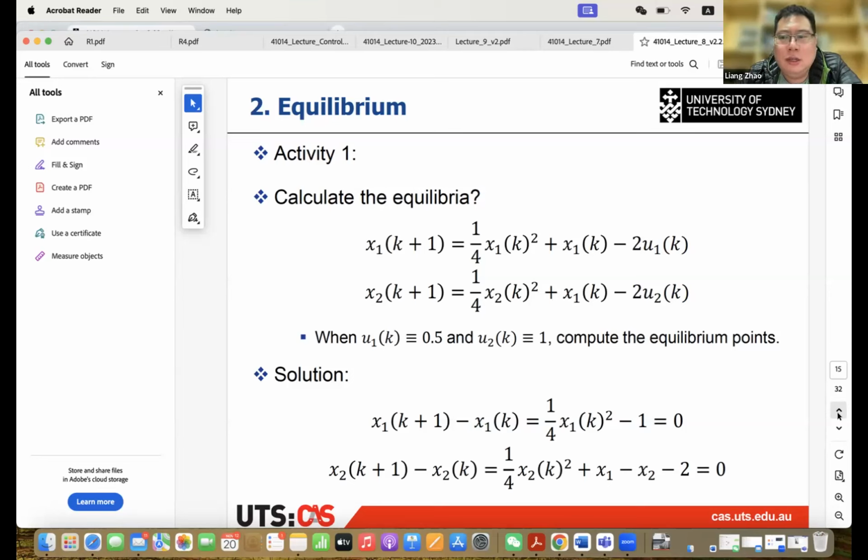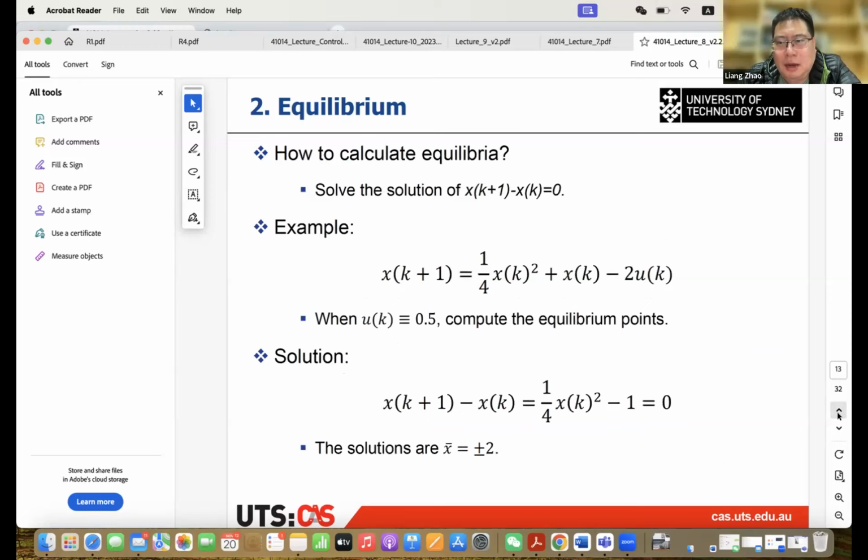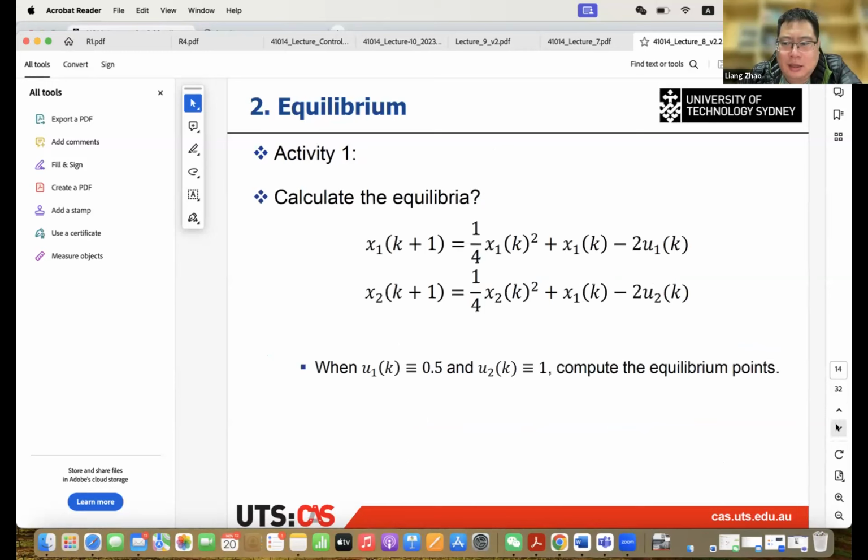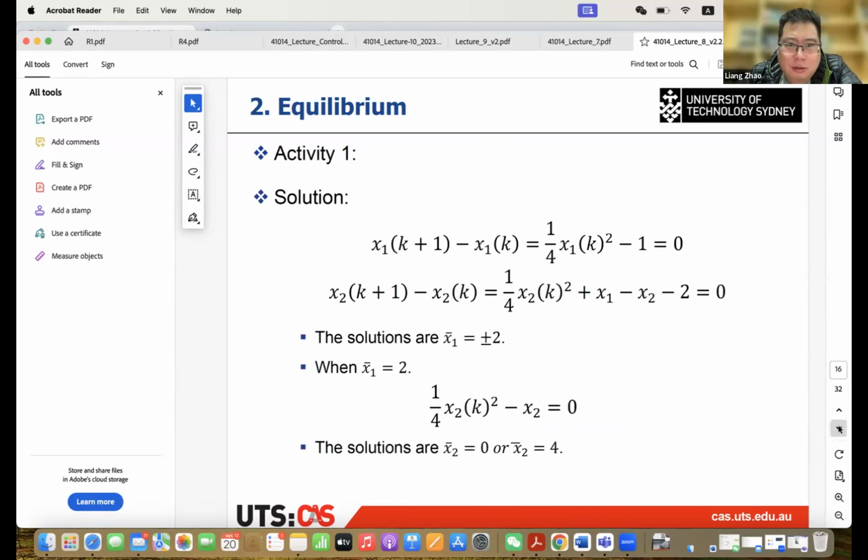So if you have a nonlinear discrete-time system and you want to linearize it, assess the stability and controllability, and try to use state feedback control, the first thing is you need to calculate the equilibrium points. After that, you can do the linearization.